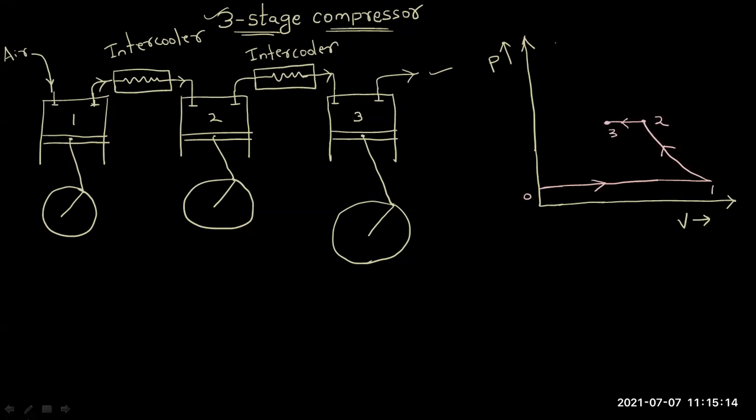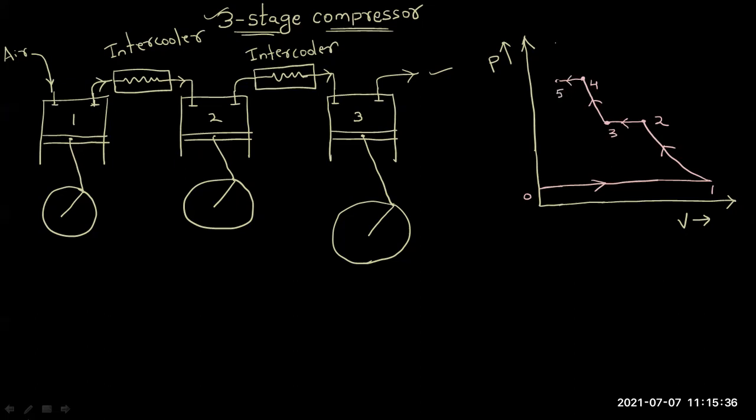After that, it will move to the second stage of the compressor. Here in the second cylinder, once again we will compress it, from point 3 to point 4. After that, again it will enter the intercooler. Again at constant pressure, we will remove some heat. This is point 4 to point 5.